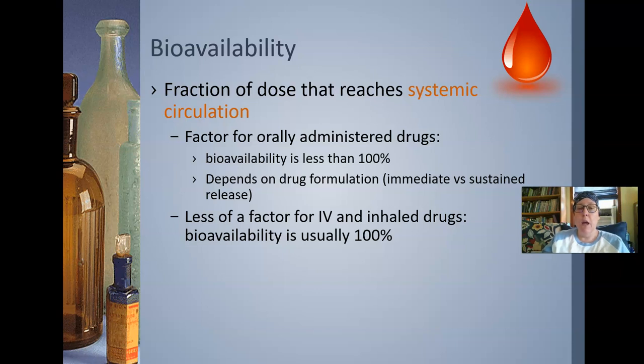All of that can affect the bioavailability, or how much of the drug enters your systemic circulation at one time. And this is less of a factor for IV drugs, intravenous drugs, or inhaled drugs, because their bioavailability is usually 100%. Obviously, if you're putting the drug straight into the systemic circulation, the bioavailability is going to be pretty high. Although even for drugs going into the systemic circulation, that blood does circle eventually through the liver, and the liver is going to start clearing it.